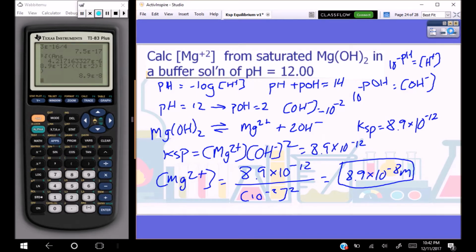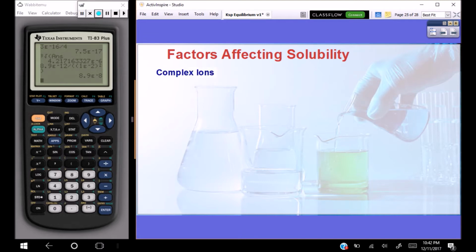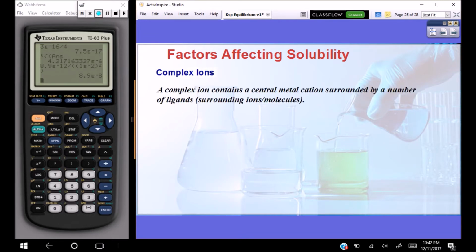All right. My last factor, complex ions. A complex ion contains a central metal cation surrounded by a number of ligands, which are surrounding ions or molecules. One of the examples we have here is zinc hydroxide. Zinc hydroxide, when it's in the presence of ammonia, actually forms a complex. Hydroxide is the spectator, so to speak, here.